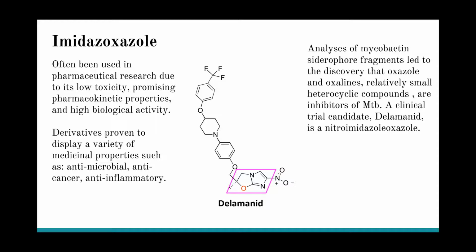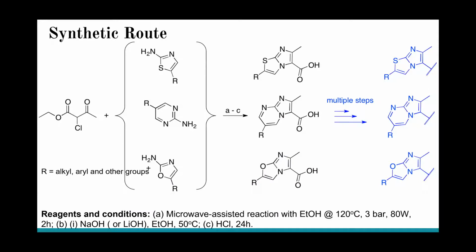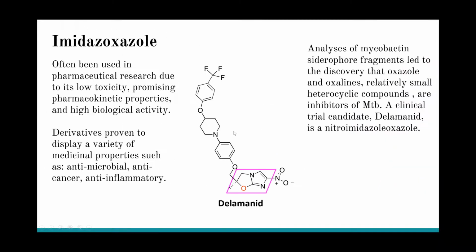Here we have a clinical trial candidate, which is a nitroimidazole oxazole, and this compound you see here on the slide affects both non-replicating and replicating strains of MTB. And it does so via 2 different mechanisms.